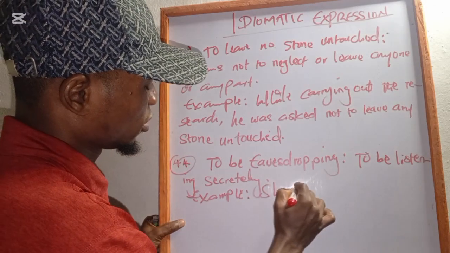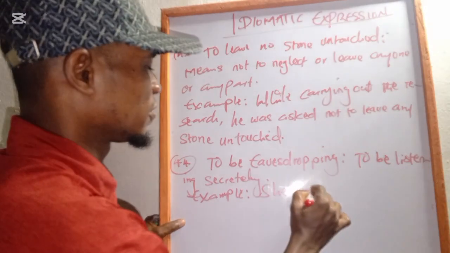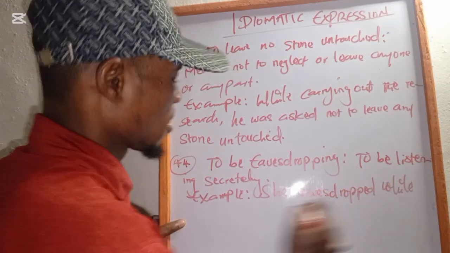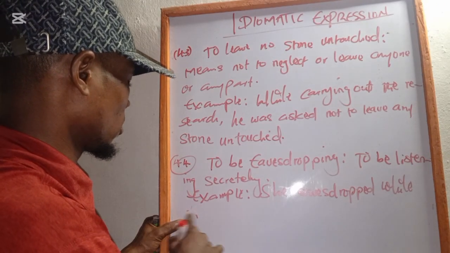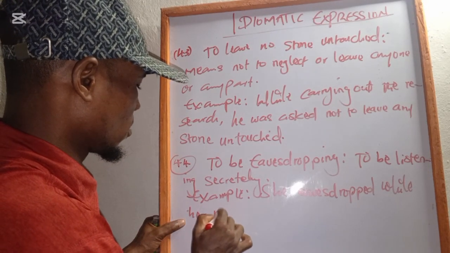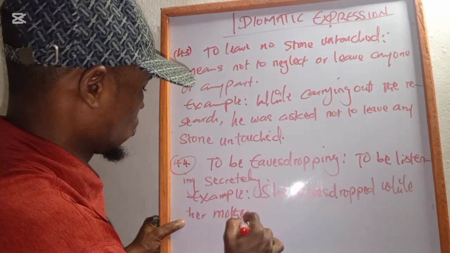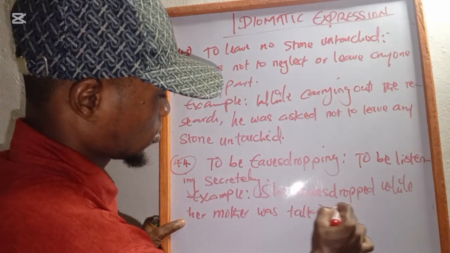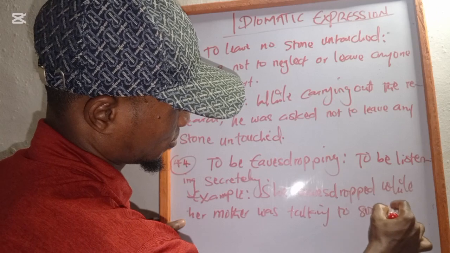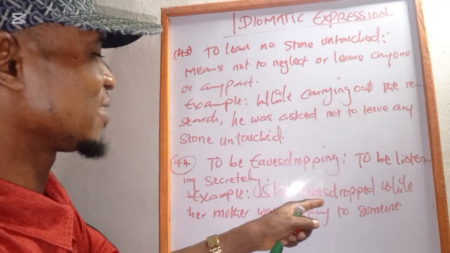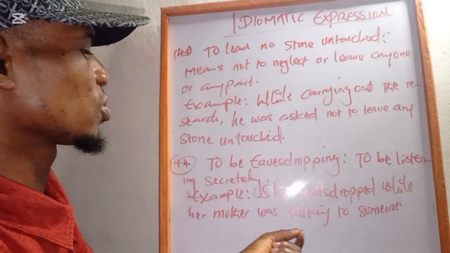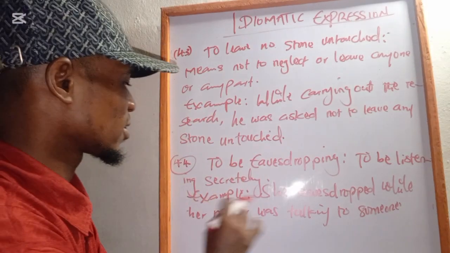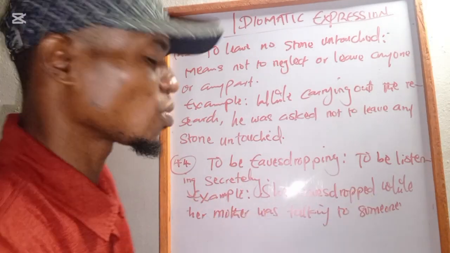Example: She eavesdropped while her mother was talking to someone. She eavesdropped while her mother was talking to someone. So to be eavesdropping simply means to be listening secretly. Example: she eavesdropped while her mother was talking to someone.